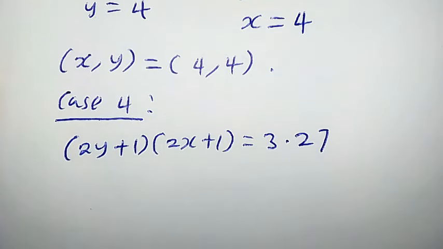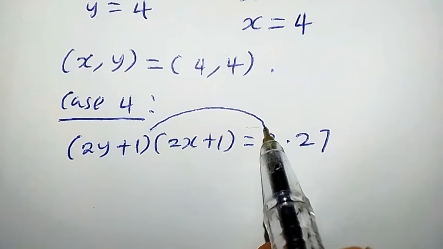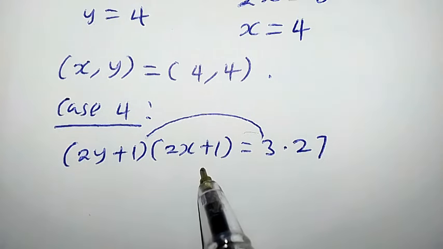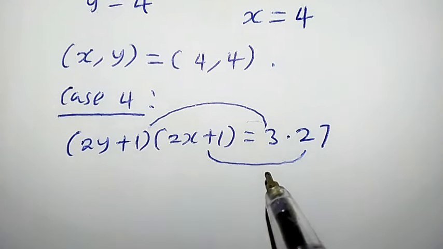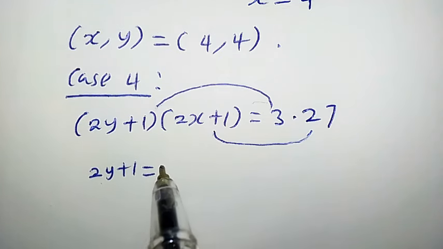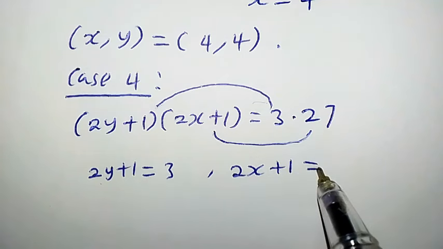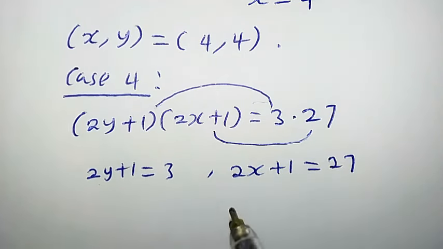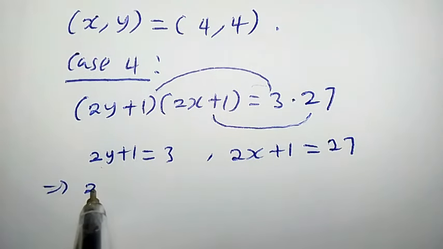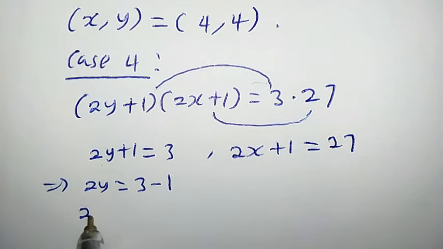Likewise, as we did earlier, by comparing, this term will be equated to 3. Likewise, 2x plus 1 will be equated to 27. So we have 2y plus 1 equal to 3 and 2x plus 1 equal to 27. This implies that 2y is equal to 3 minus 1. 2y equal to 2.